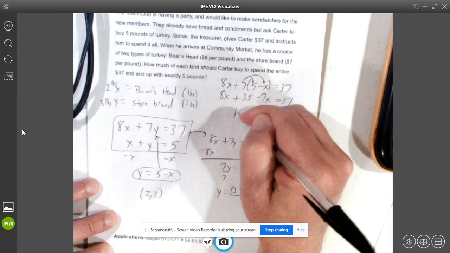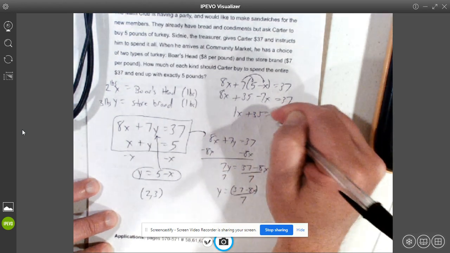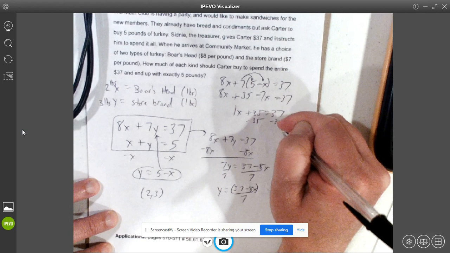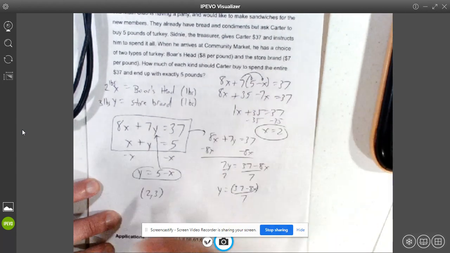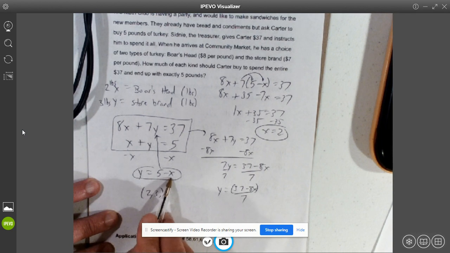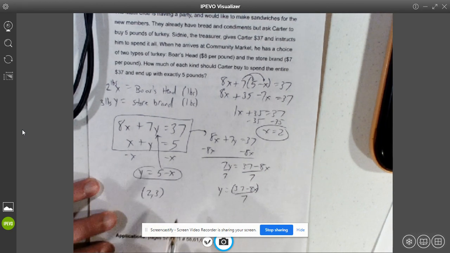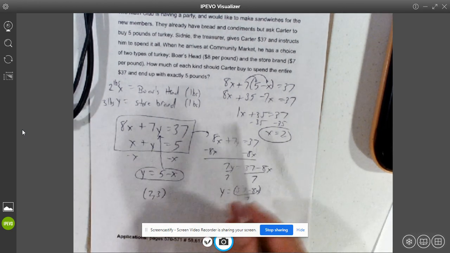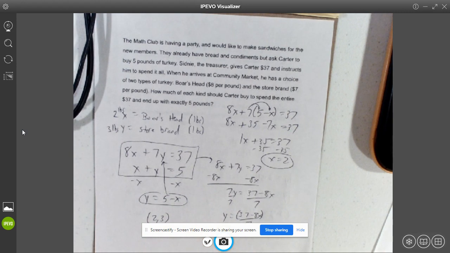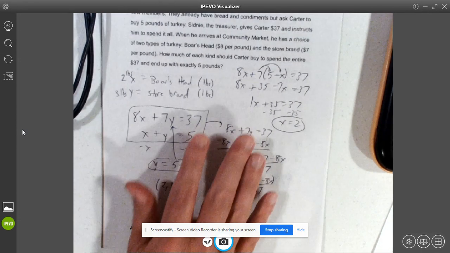That's 1x plus 35 equals 37. And if I subtract 35 on both sides, I get x equals 2, which is exactly what we got here. And then y would be 5 minus 2, so y would be 3. I get the same solution. Again, I'll leave it to you to decide which one you find easier, using the technology or not. But again, we're just using this system of equations to solve application type problems, to solve some story problems.